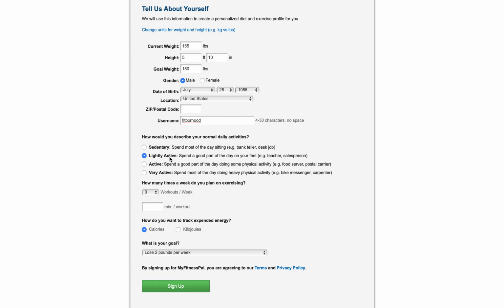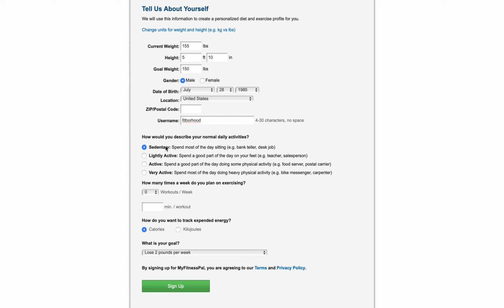I can consume a little bit more because I'm burning more throughout the day. If I were working in heating and air or a construction job, I could probably eat closer to, let's say, 2,500 calories. So that's why it's important to choose this as accurately as possible.